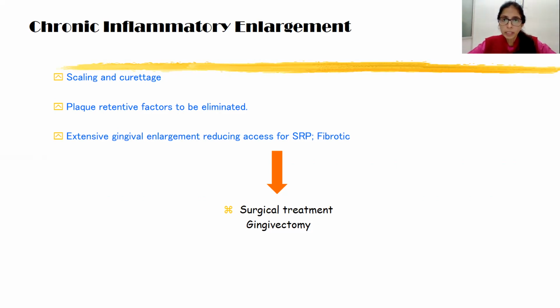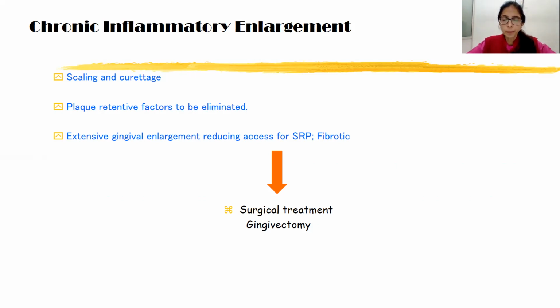If there are any plaque retentive factors like a crown, or an extraction socket, or a root stump, or mobile teeth, and the patient is unable to maintain those areas where an excessive amount of plaque is retained, those factors have to be taken care of.